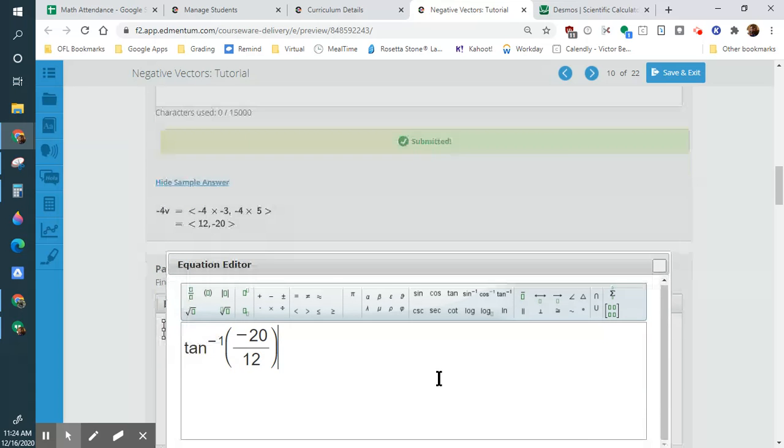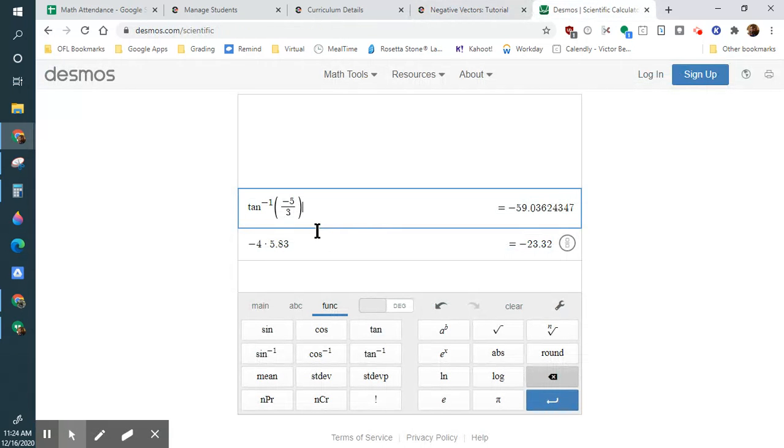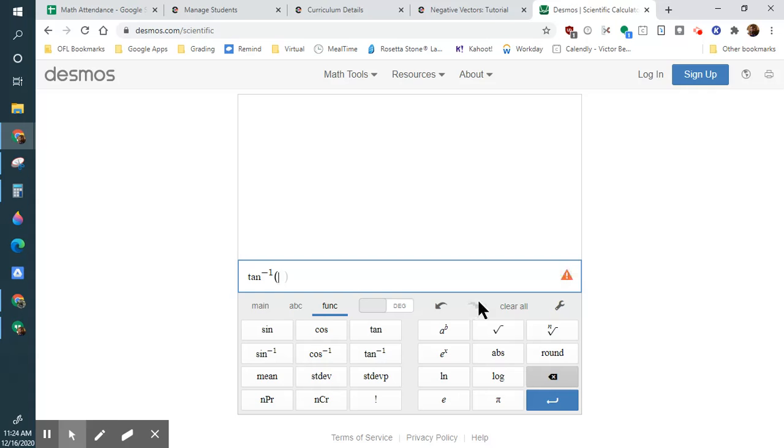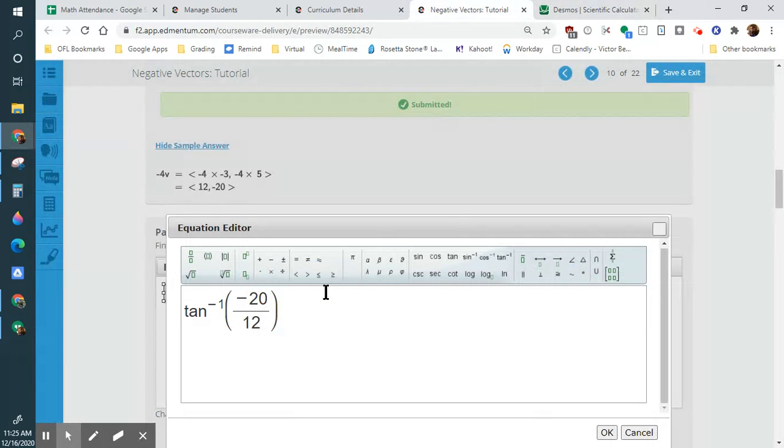I'll plug it in. I think this is going to tell us that we can't multiply both components by it. -20 over 12. Yeah, it's still the same thing. So we still get that -59. I'm just going to leave it at -59.